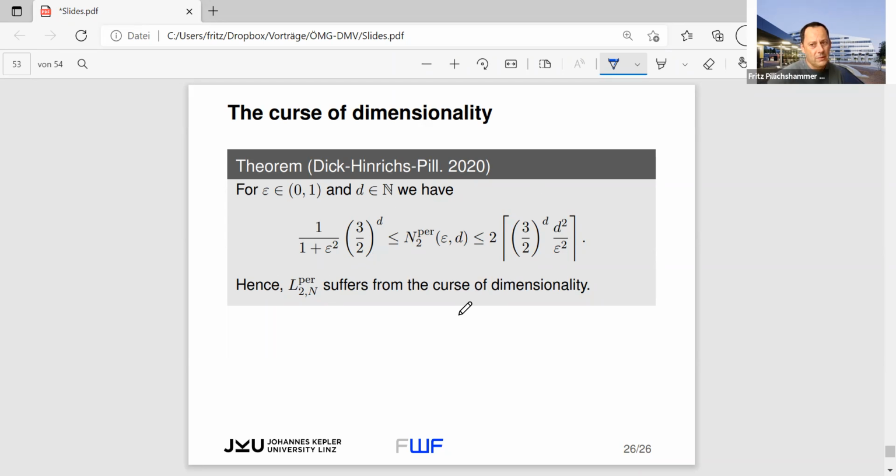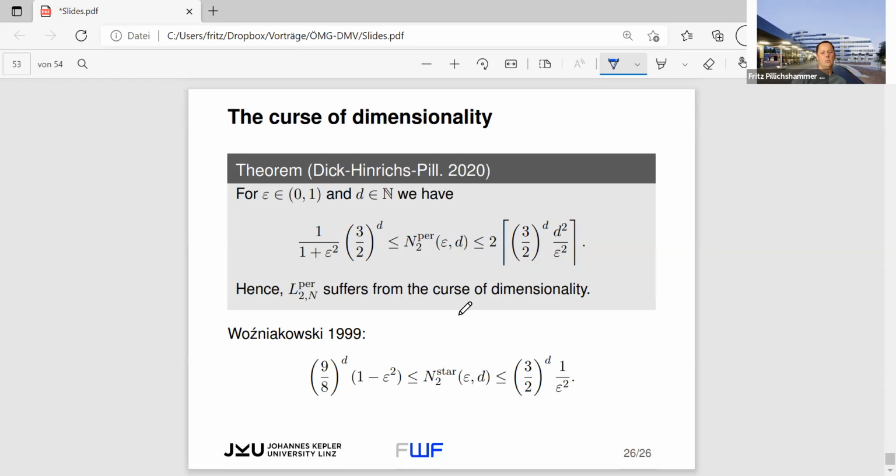That's bad news, but that's how it is. On the other hand, of course, the result didn't come as a big surprise to us, because a similar result is also valid for the L2 star discrepancy. This was shown by Henryk Wozniakowski in 1999, and the inverse of the L2 star discrepancy grows at least like (9/8)^d. So also the L2 star discrepancy suffers from the curse of dimensionality.